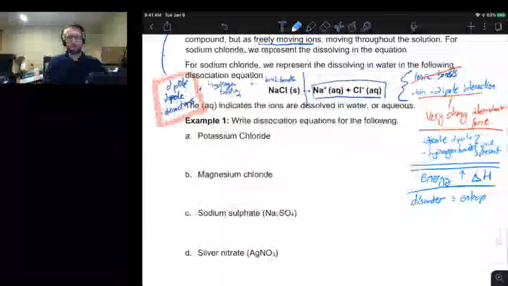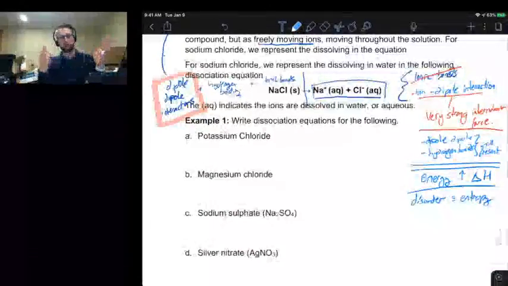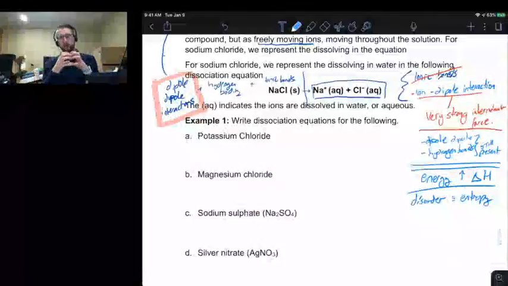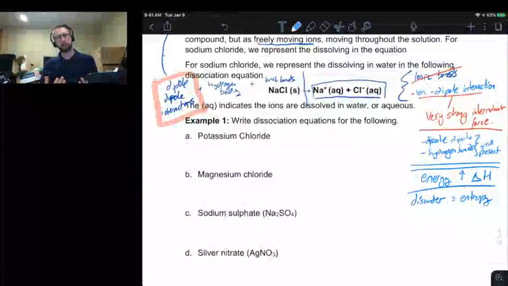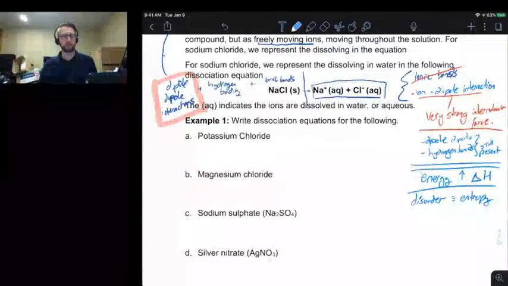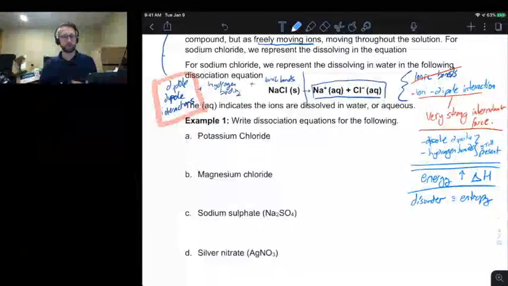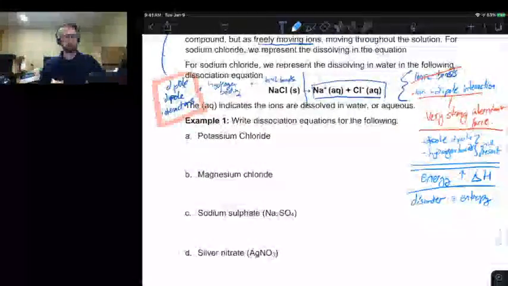When you separate molecules from their organized state into the aqueous state, you are increasing the entropy. And generally, this increase in entropy is what is really going to drive the dissolving action.